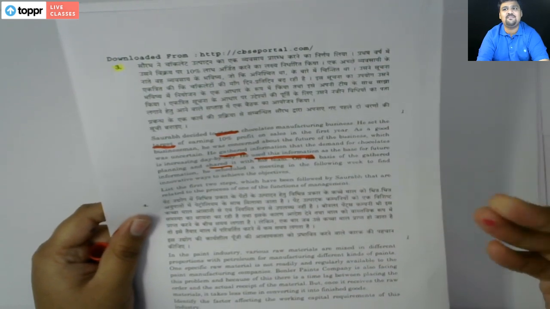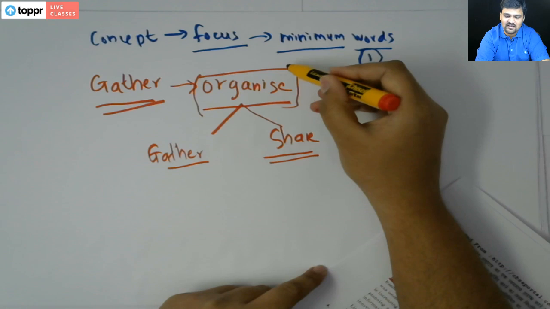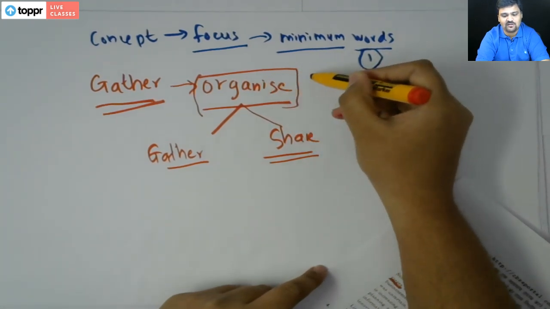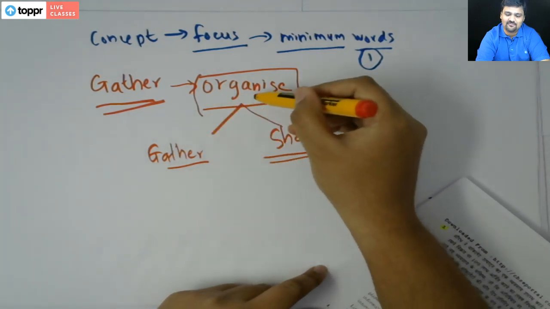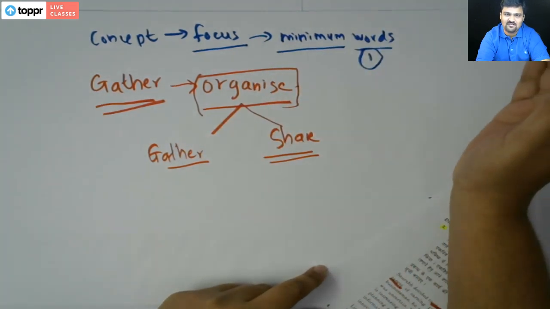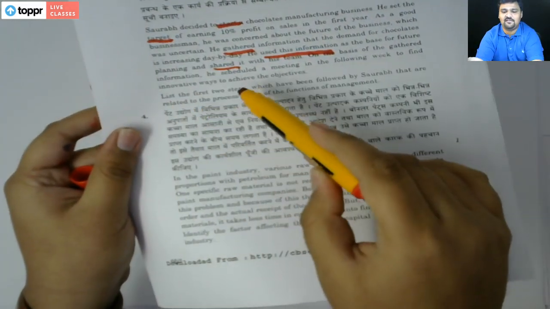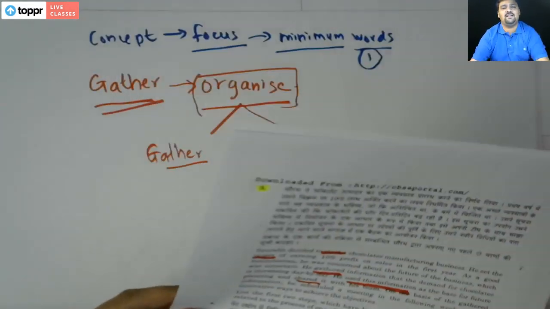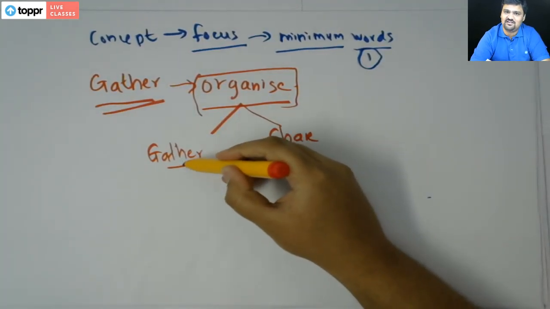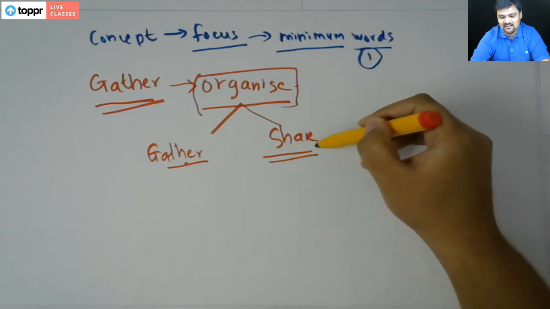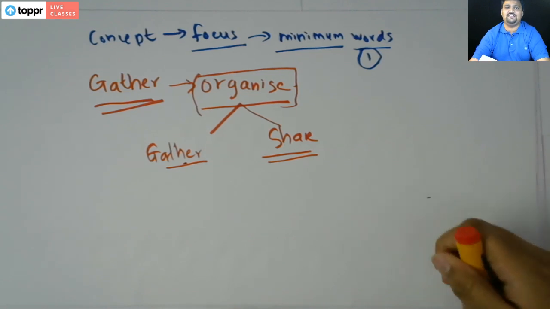He is understanding the market, and for understanding the market he is using a function of management called organizing. For organizing there are different steps, but our question says to list the first two steps followed by Saurabh. So what is he doing? He is gathering the information, using it, and sharing it. Are you understanding this? Very good.